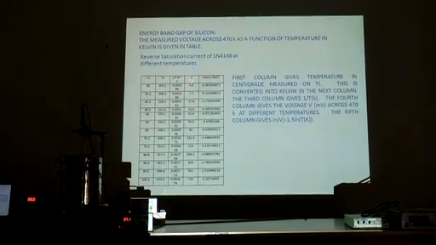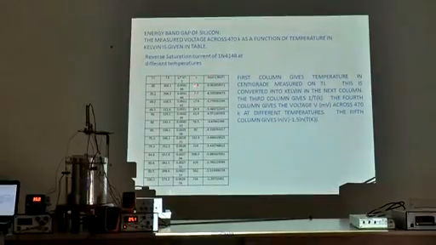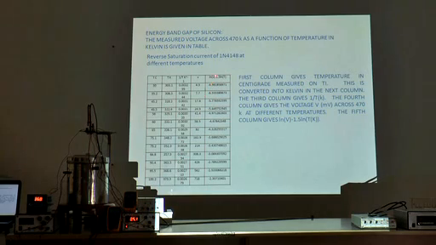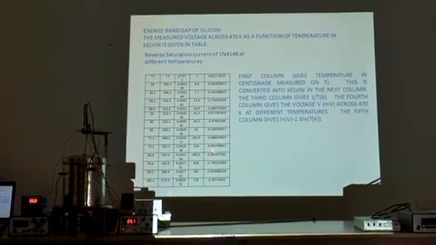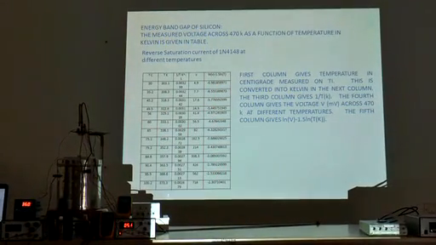You take natural logarithm of the voltage, subtract 1.5 times natural logarithm of the temperature in Kelvin, that is given in the last column.